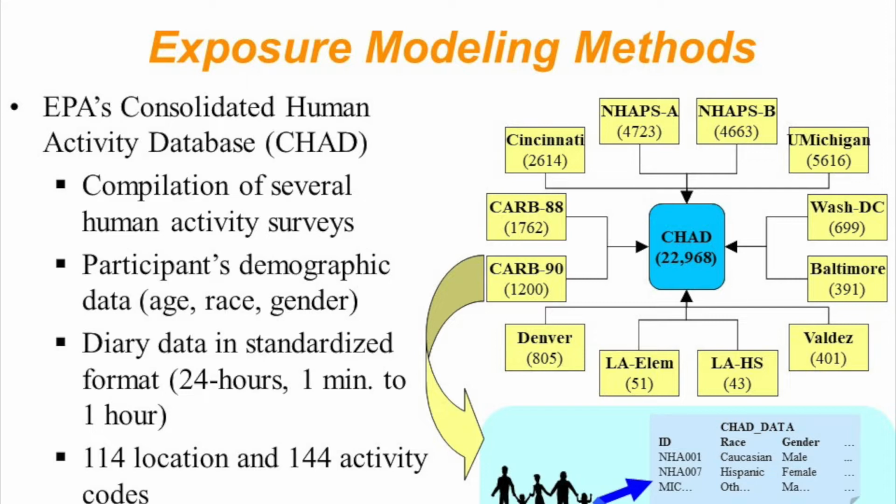This is available to the public, and if you Google it, you'll see the links to it and the necessary documentation and publications. It's a compilation of several human activity surveys, which are shown on the right side of the figure, which we're not going to go into detail now.